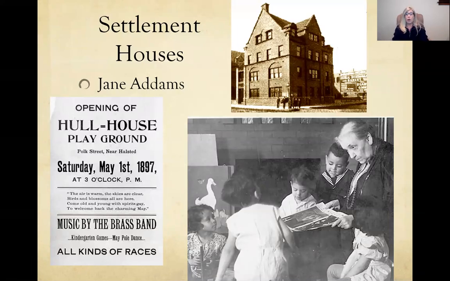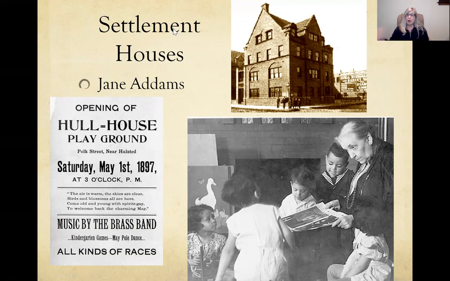And she's also going to provide free childcare for immigrant children while the parents are getting on their feet, she's going to have job training and assistance to try to get these new immigrants the ability to support themselves and their families. So Jane Addams' settlement house, the one that she built in Chicago, is called Hull House. So Hull House is a settlement house.